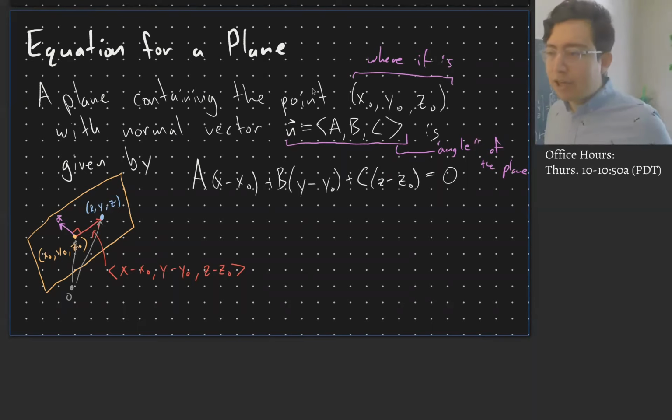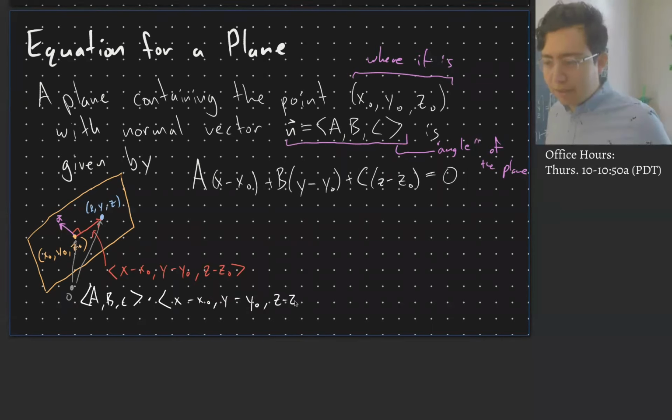Well, n is just A, B, C, and the other vector is given here. So I take A, B, C, the dot product with x minus x naught, y minus y naught, and z minus z naught. Because I want them to be orthogonal, I should get 0.